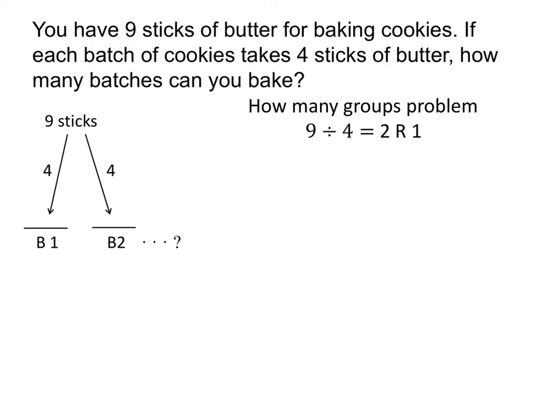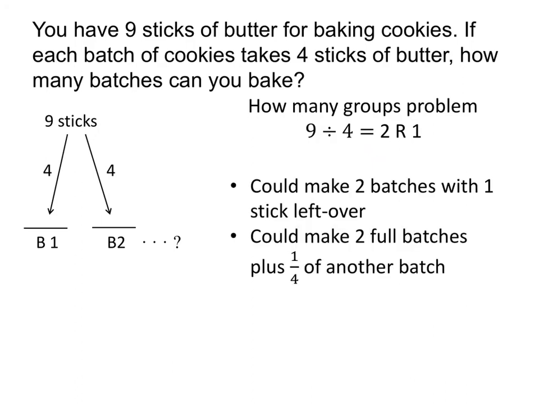Now, this could be solved by taking our total number of items divided by the number of items in each group, so 9 divided by 4. And so let's use our notation that we saw in the last problem, and write this answer as 2 remainder 1. So let's think about what that answer of 2 remainder 1 could mean in the context of this problem.